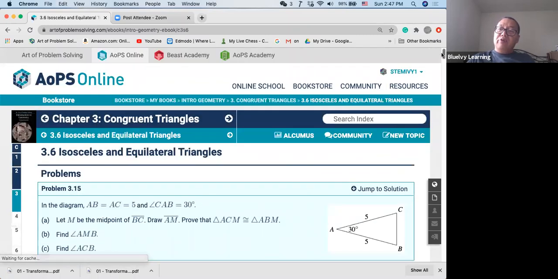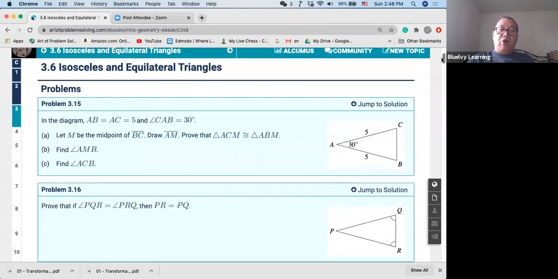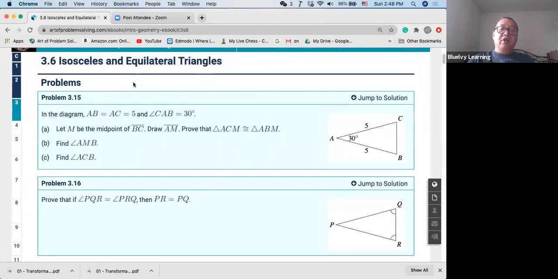In this section, we'll learn the two special triangles. One is called isosceles triangle, another called equilateral triangle. An isosceles triangle has two sides that are equal. You can see this example.